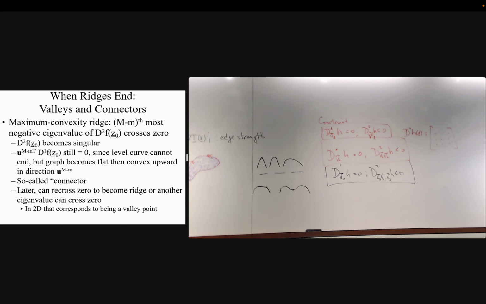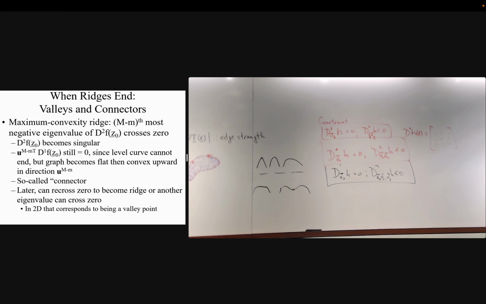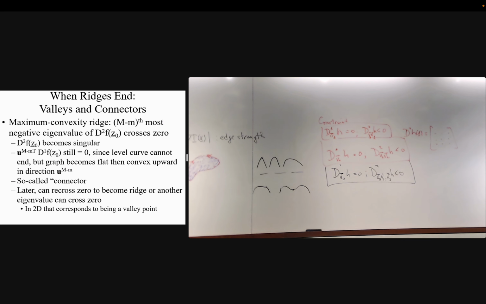The second derivative can cross 0 from being negative to being positive as you walk along this locus. And that's why the ridge ends, because the second derivative changes sign. And it becomes some kind of a saddle rather than a ridge, actually.